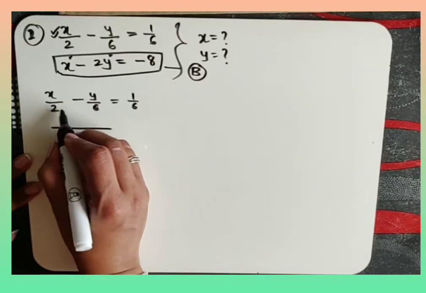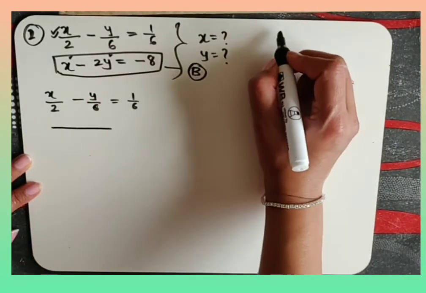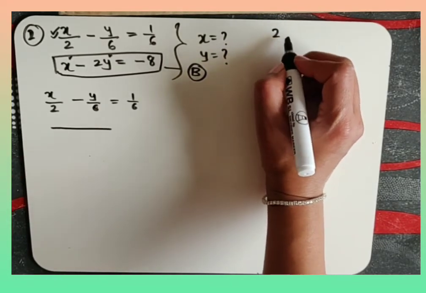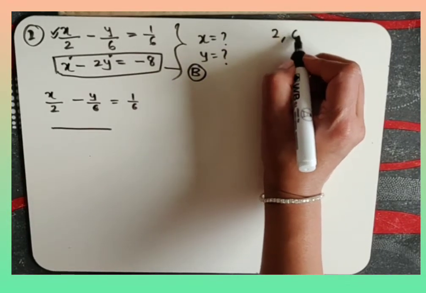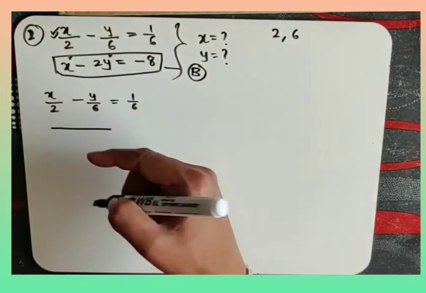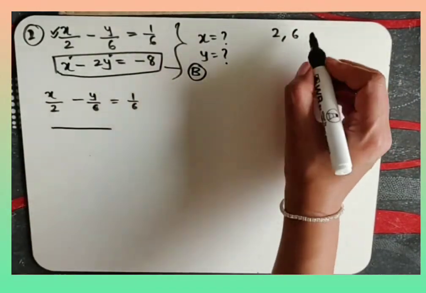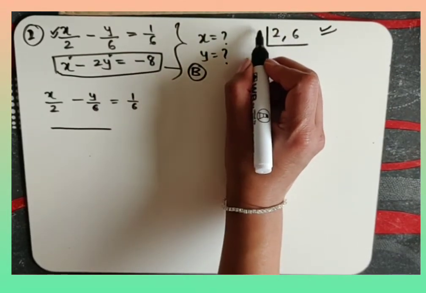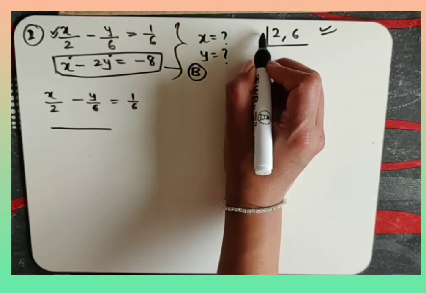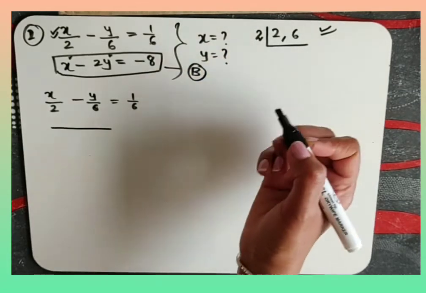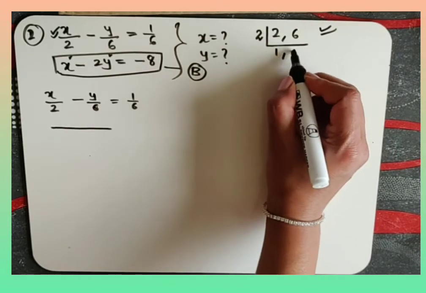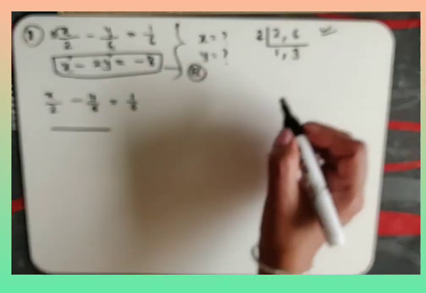Let's find out how to find the lowest common denominator. Write down 2 and 6. In all fractions you can use the same method. Start with the lowest prime number, so 2 is the lowest prime number. 2 multiplied by 1 gives 2, and 2 multiplied by 3 gives 6.